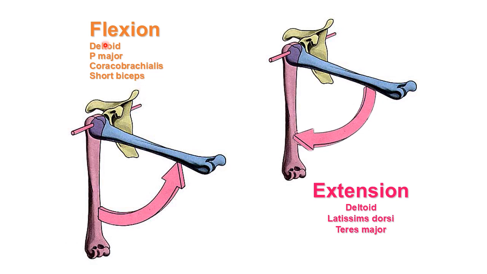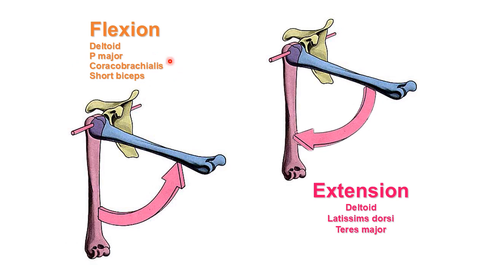The first movement is flexion of the shoulder joint. It is done by the anterior fibers of deltoid, pectoralis major, especially the clavicular head, which flexes the already extended shoulder joint, coracobrachialis, and the short head of biceps.